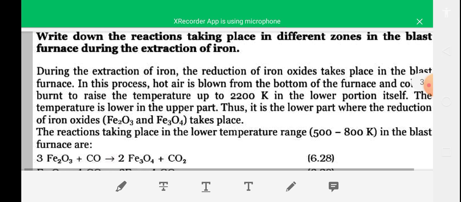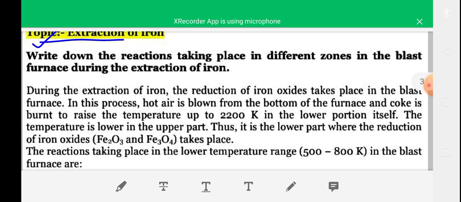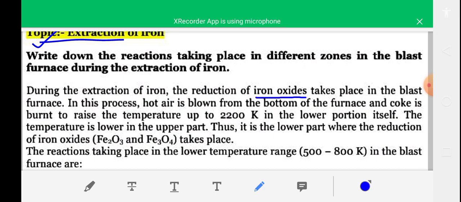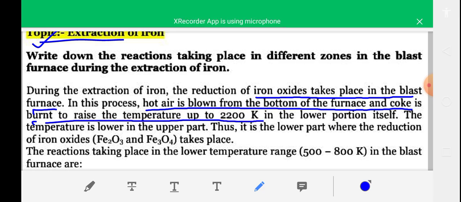During extraction of iron, the reduction of iron oxide takes place in the blast furnace. In this process, hot air is blown from the bottom of the furnace and coke is burned to raise the temperature up to 2200 Kelvin in the lower portion, and the temperature is lower in the upper part.